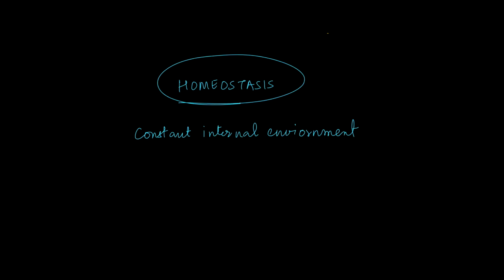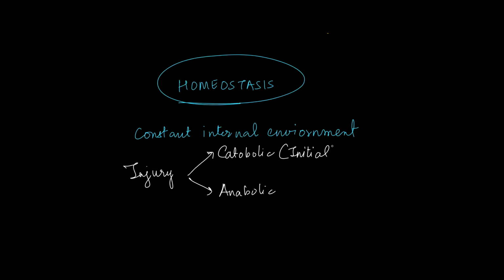Whenever there is any sort of injury, it affects this homeostasis, and typically it is divided into a catabolic stage and an anabolic stage. So the initial response of the body is catabolic, which then converts to the anabolic stage. So let's understand the catabolic stage a little better.